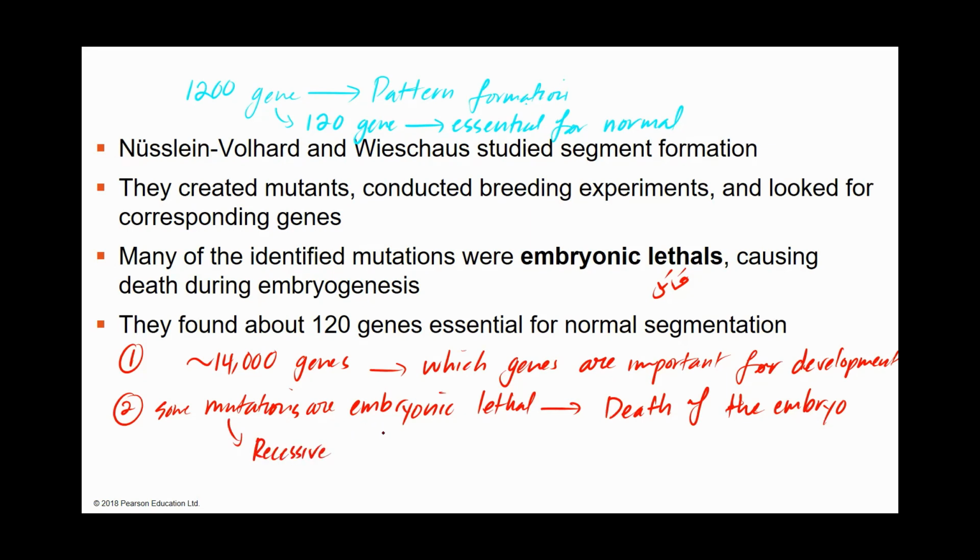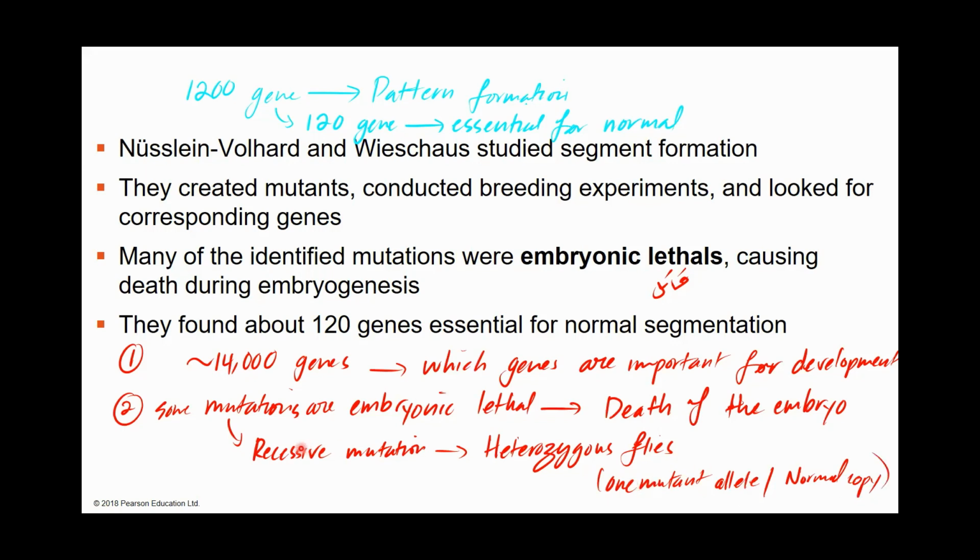These recessive mutations will be found in heterozygous flies. And heterozygous flies will have two copies of each gene: one mutant copy, or allele, of any gene, and the other is a normal copy.